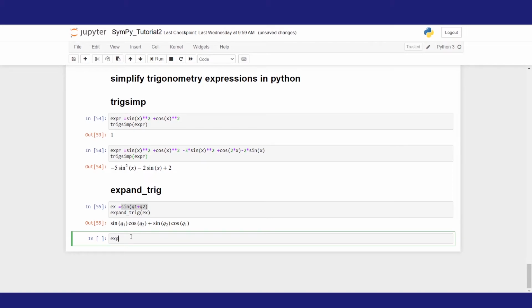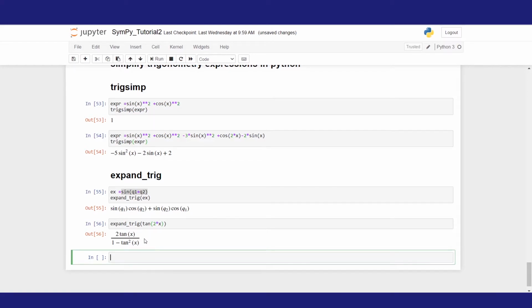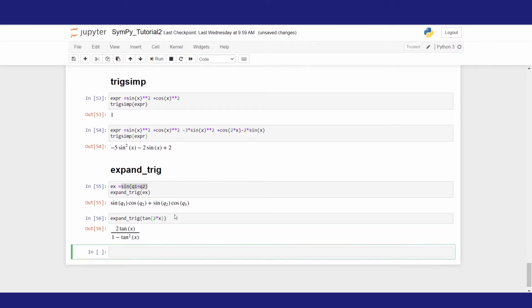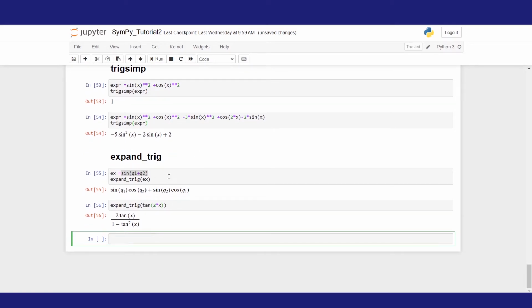Let's say we expand trig of a usual angle, tan of 2x. That will give you the familiar identity of 2 tan over 1 minus tan squared. These are some of the functions you can make use of in trigonometry.